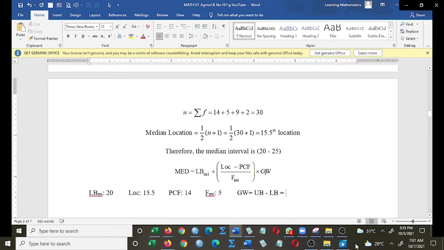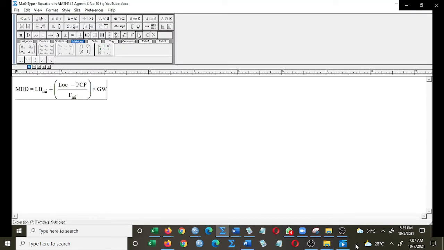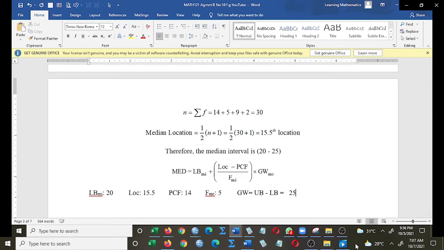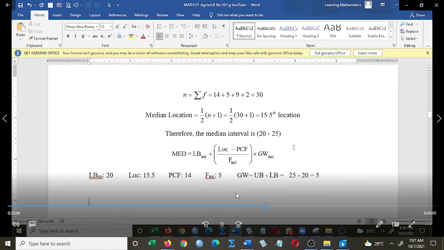So the group width of the median class is the upper boundary minus the lower boundary. You can put median class or median interval, MI or MC. So it's 25, take away 20, which is equal to 5. So we have those 5 numbers for us to substitute into the formula to estimate the median when you have a table of intervals.